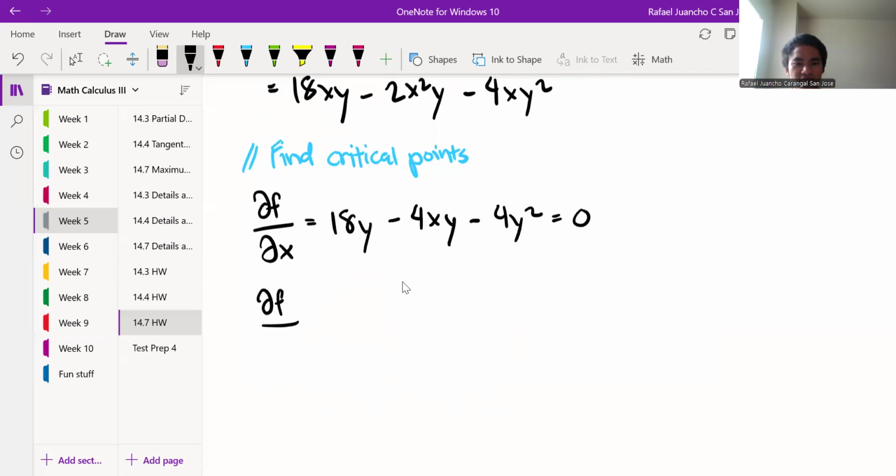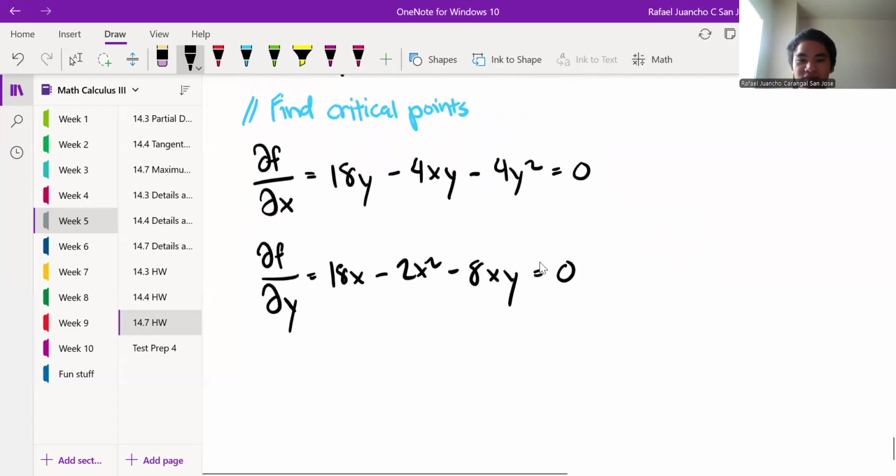We also take the partial with respect to y. And this will give us 18x. This will give me minus 2x squared. This will give me minus 8xy. And so again, it's another maximum thing. We make it 0. And then now we can solve for their x and y values.